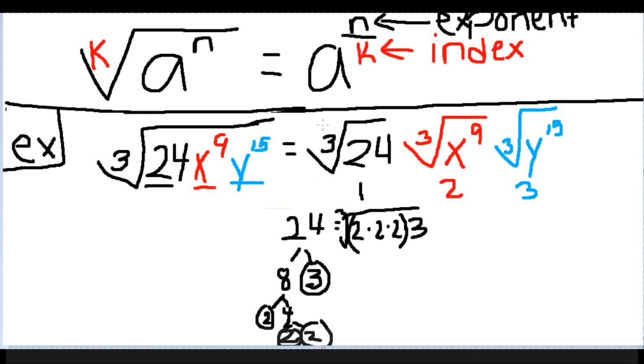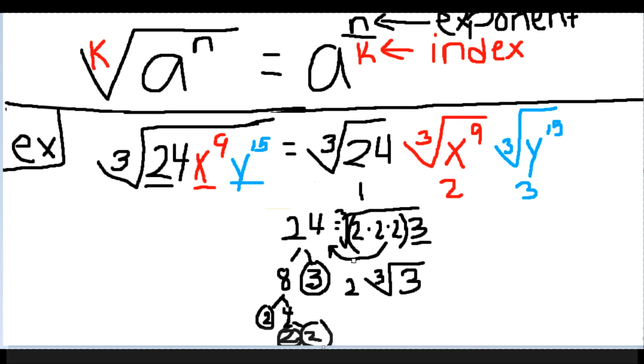My index told me I was looking for anything where I had 3 copies. I have 3 copies of 2 right here. So those are going to pull out. So remember, 3 2s on the inside translates to 1 2 on the outside. Okay. And then I'm left with this lonely 3 here. So my cube root of 24 simplifies to 2 cube roots of 3.